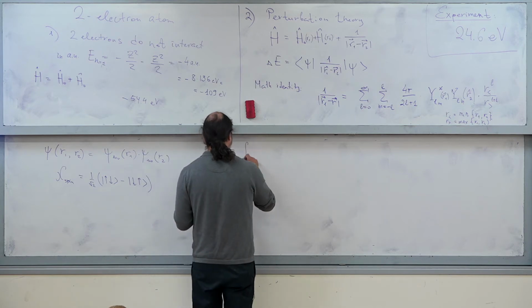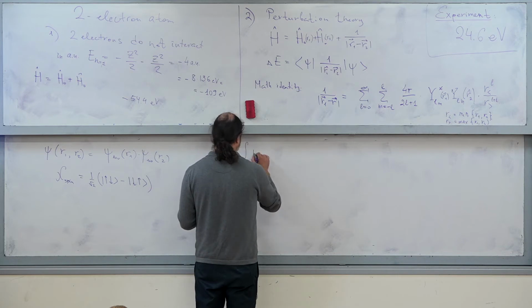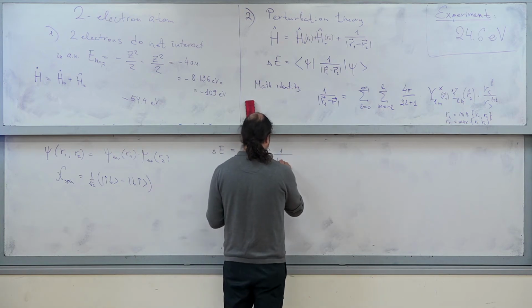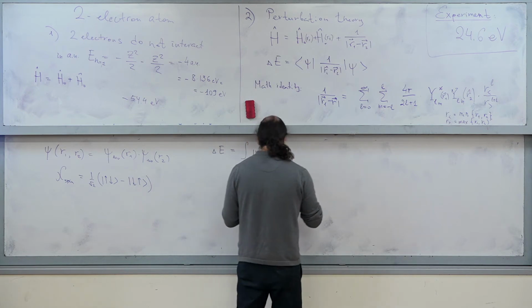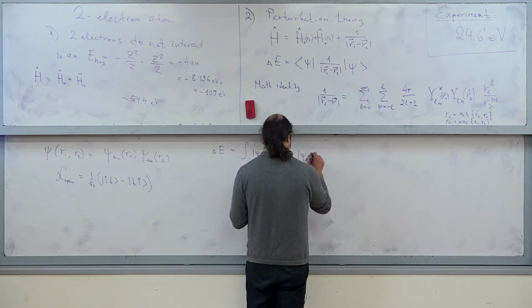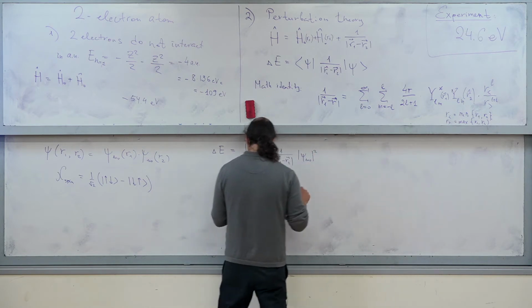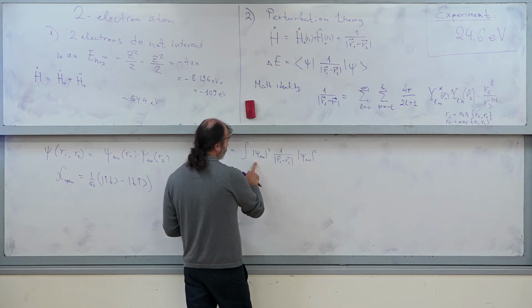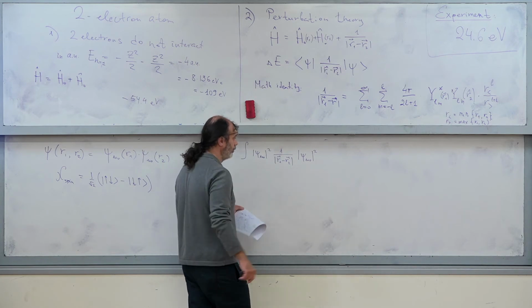This should be the integral over the psi 100 squared, 1 divided by R1 minus R2, this part, multiplied by the modulus of psi 100 squared. So this will be the R1, right, and this will be the R2.